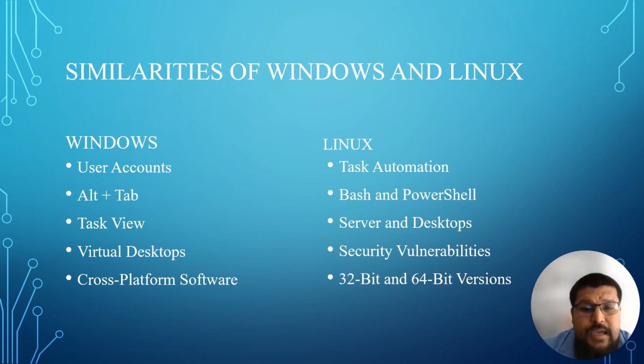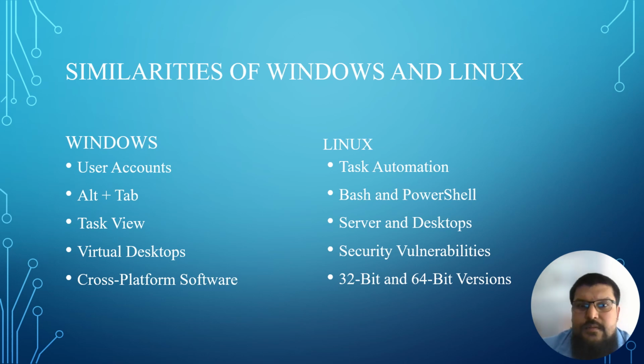And then after that, you have cross-platform software that are able to do task automation. Then you have Bash and PowerShell. We've used that plenty of times. And then you have the servers and desktops that are being ran in these OSs. And then you have security vulnerabilities.